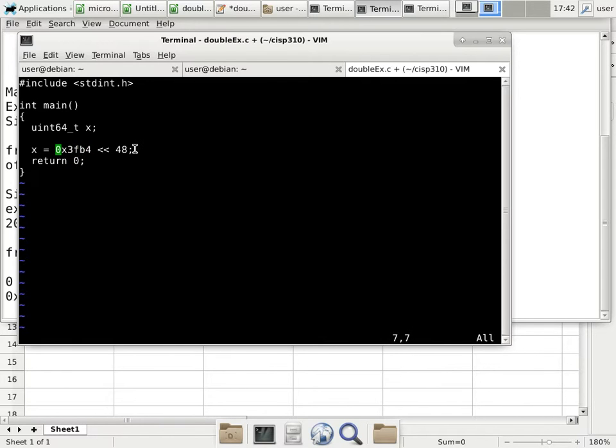Since I already have stdint.h included, I can just refer to those things. In other words, I can use the same type of x to coerce the constant. So now, 3fb4 has no other interpretations other than 64-bit unsigned integer. Are there any questions?